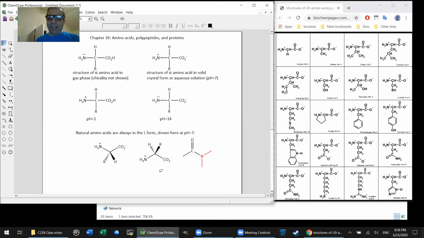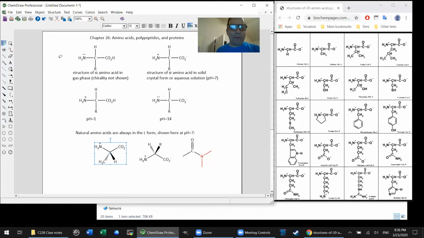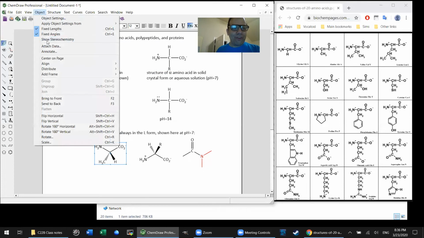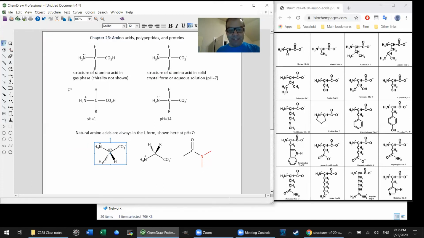The interesting thing is, this configuration will sometimes be R and sometimes be S, depending on what the side chain is. I'll show you what I mean. I just thought this was endlessly fascinating. And I can also show off the magic powers that I have in ChemDraw. I can do show stereochemistry. So that's S. This would be alanine over here.